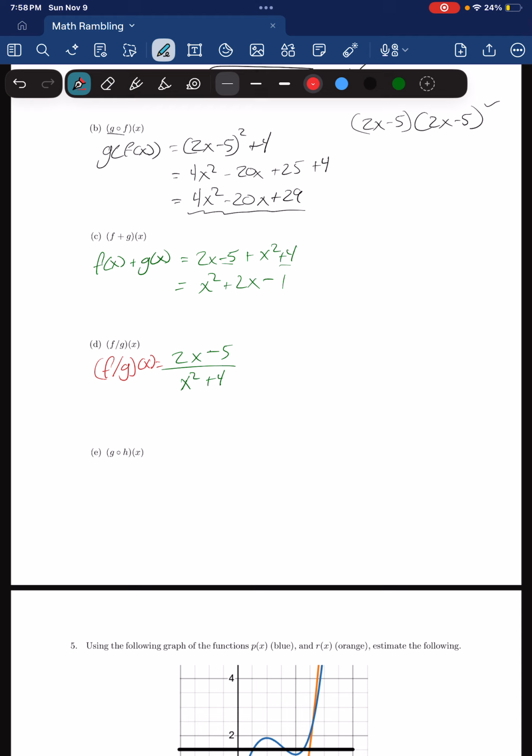Let's see. I'll write this out a little better. So f divided by g of x is just the same thing as f of x divided by g of x, which is 2x minus 5 over x squared plus 4.